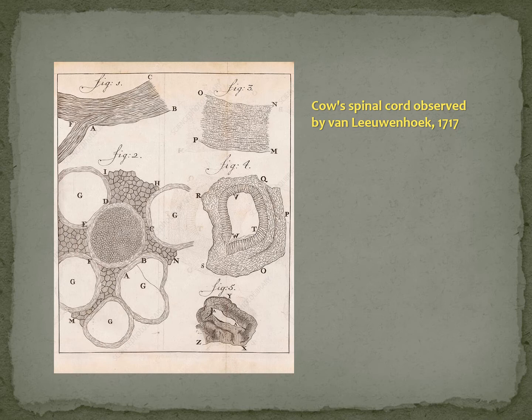The observations of Leeuwenhoek were a big success at the time, and many other people decided to start using microscopes to make observations of anatomical structures, or to observe smaller things, in particular the small animals that were described in the water pools.